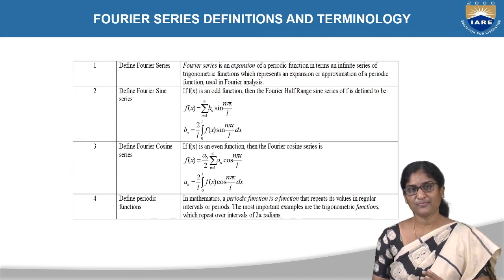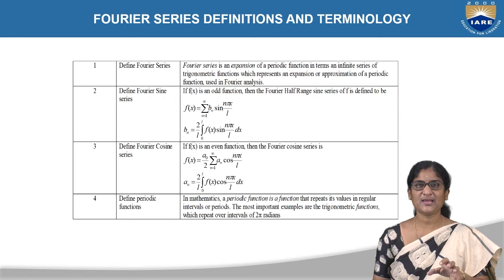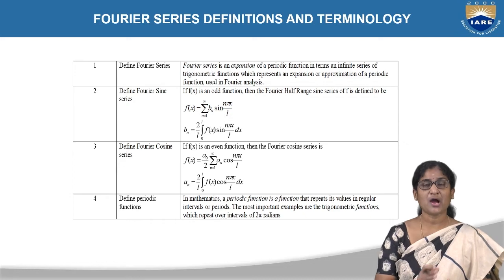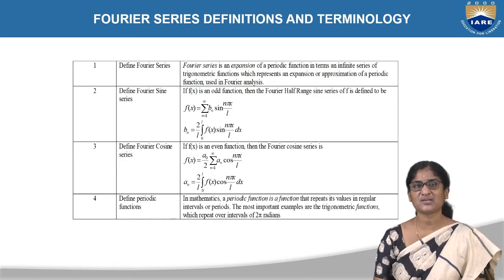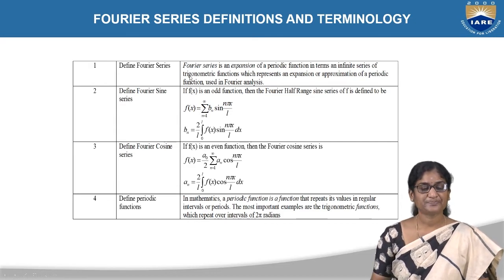For that type of function only, the Fourier series is applicable, and it gives the expansion model of a function in a particular interval, not in general. For the interval that we have chosen, it gives the expansion of a given function in terms of sine and cos, so that it gives the Fourier series.